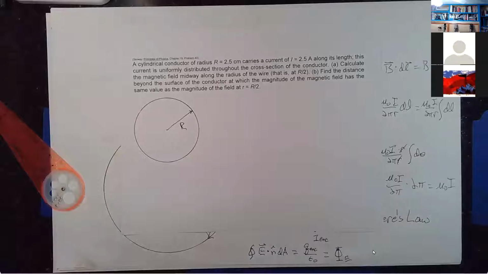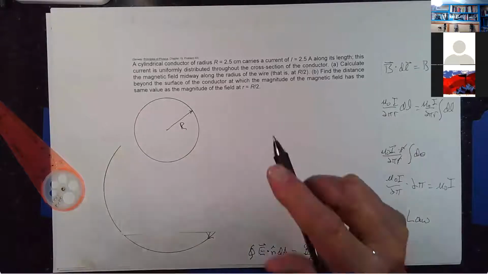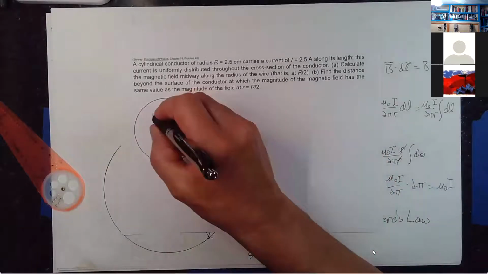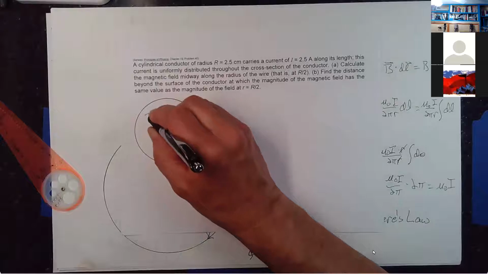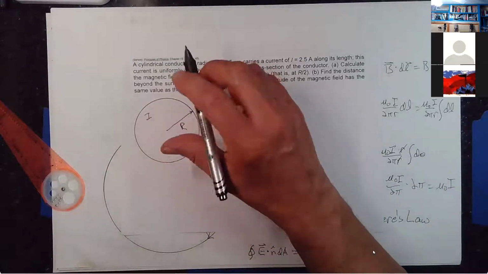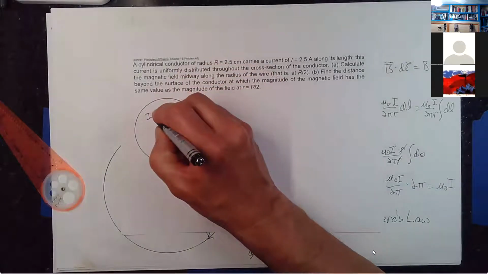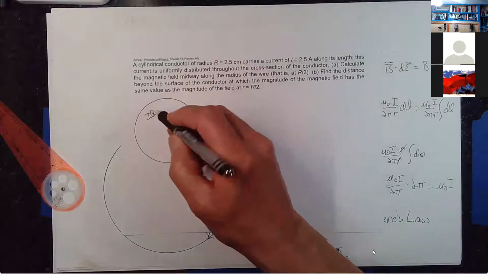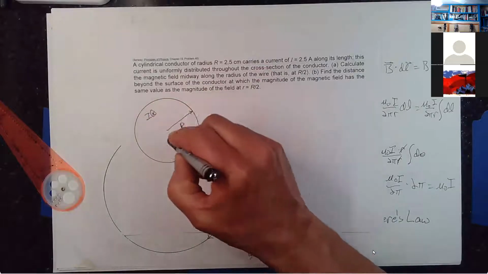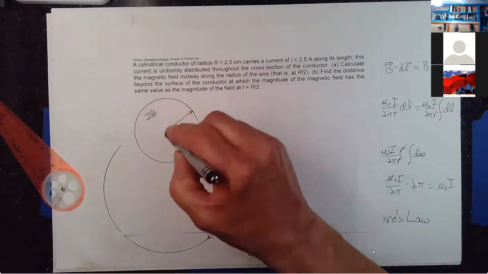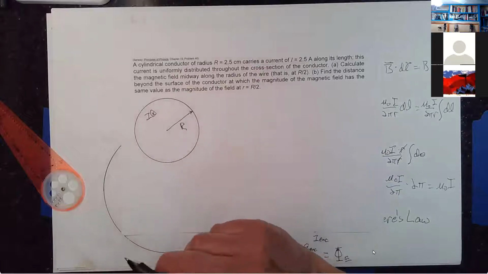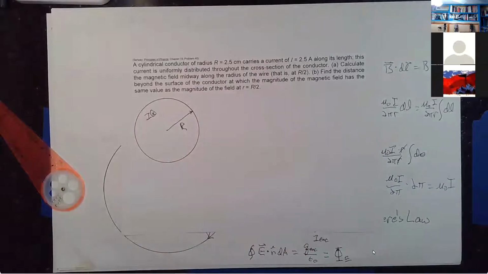And it's uniformly distributed throughout the cross section of the conductor. Okay, so we'll just imagine that the current here is going into the page, and you could put a whole series of evenly spaced X's all over this circular area here, and that would still work.